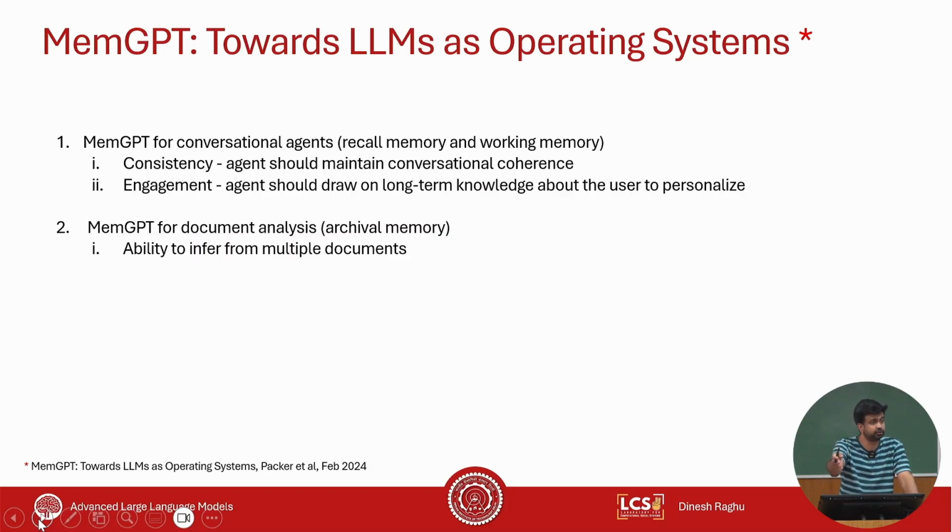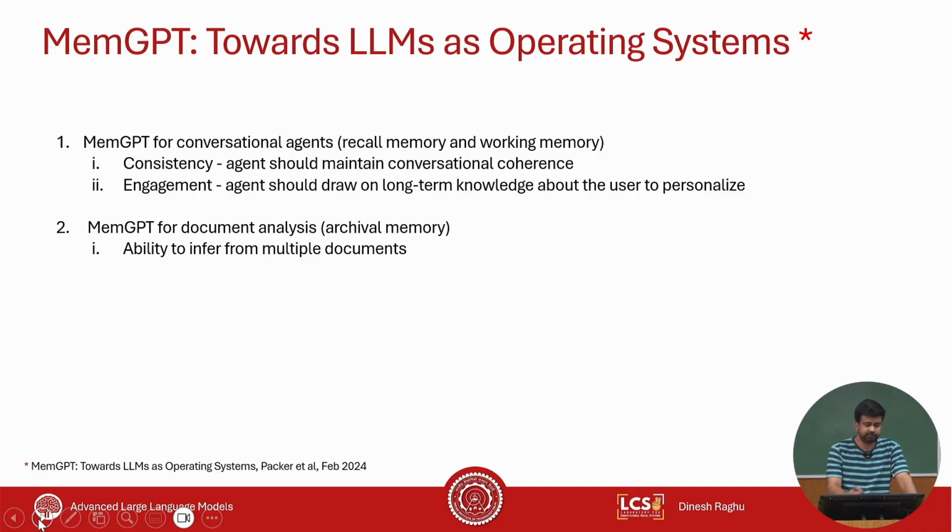And then they say, last time when I met you, you mentioned this. How did it go? So when you have a very personalized way of interacting with the user, when you meet them after a break, it helps you engage a lot better, right? So engagement is also one aspect that they want a good conversational agent to have.